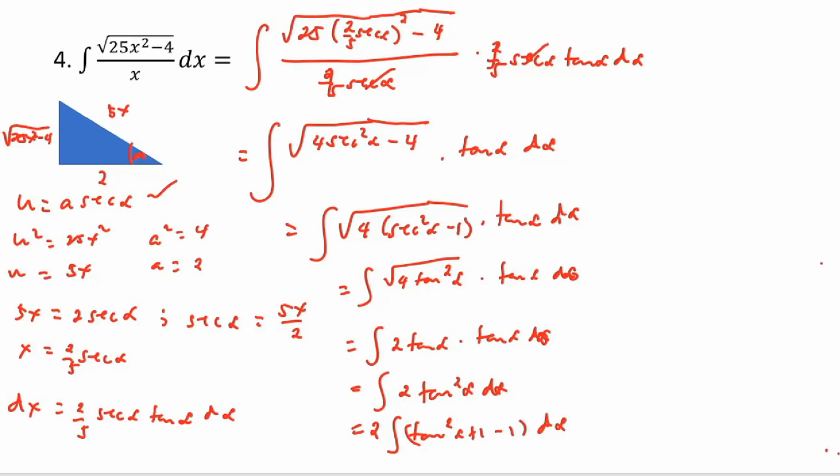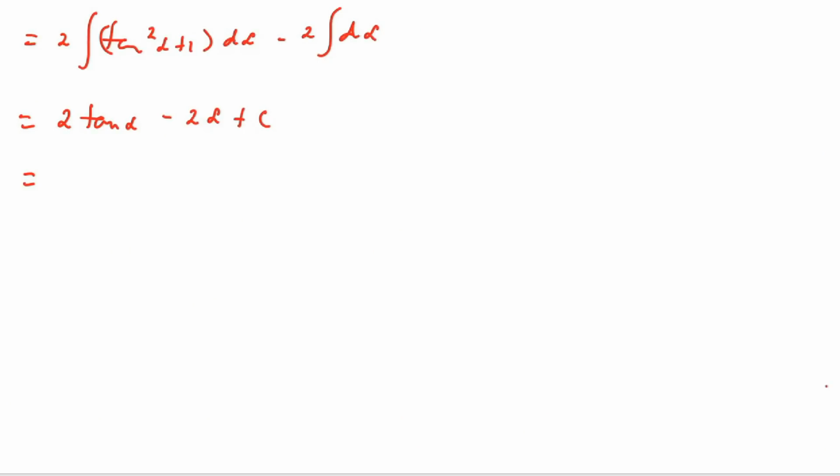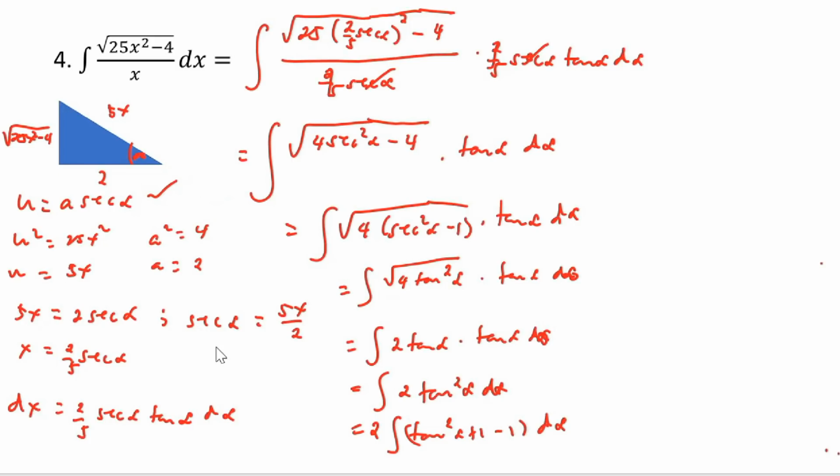So I will write it here. We have 2 times the square root of 25x squared minus 4 all over 2 minus 2 times the meaning of alpha. We're going to find it here. So alpha can be defined here as the arc secant of 5x over 2.